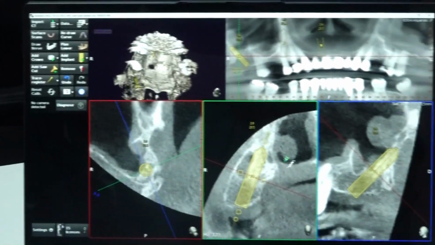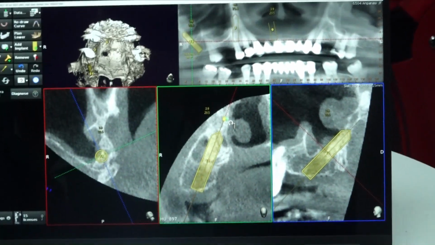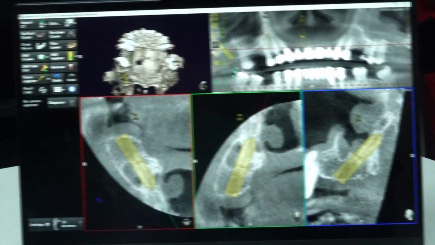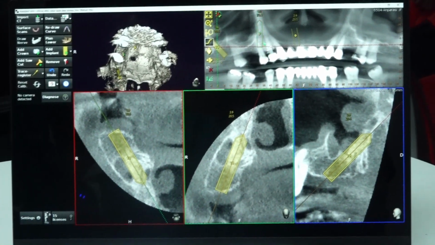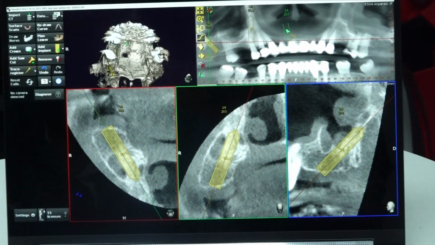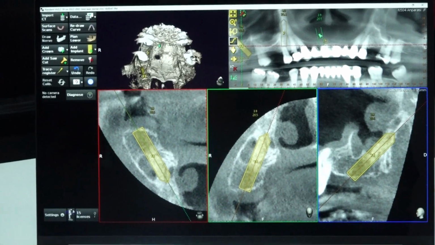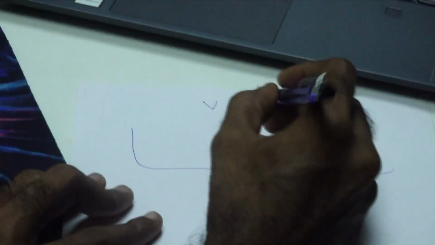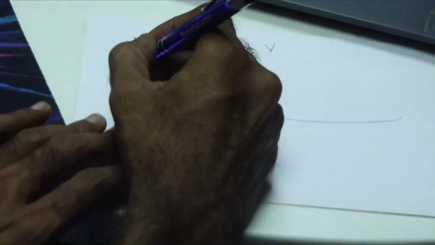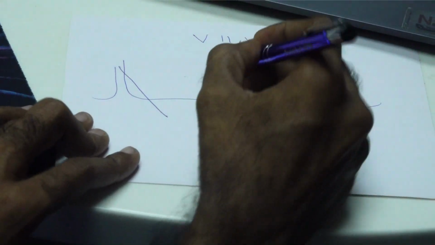Okay, one good long implant we can place, 3.75 by 20 also. So one implant here, one implant mesially tilted, one implant straight. This I already discussed once. V2 we are designing. Okay, so this is pterygoid 1.